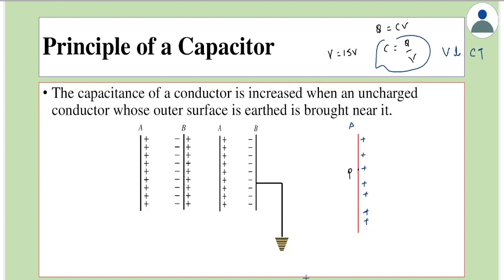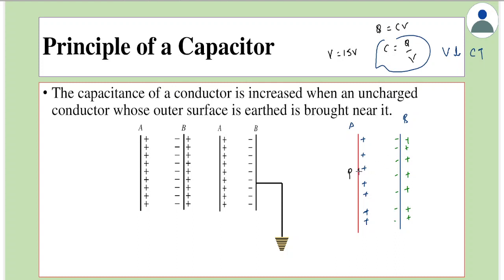So we bring next to it one more conductor plate, called conductor B. Since conductor B is neutral, by charging by induction, because plate A contains positive charge, this would induce negative charge on this side, because of which the other side would have positive charge. Keep in mind that conductor B as a whole is still neutral. Nothing has changed; it is just charge redistribution.